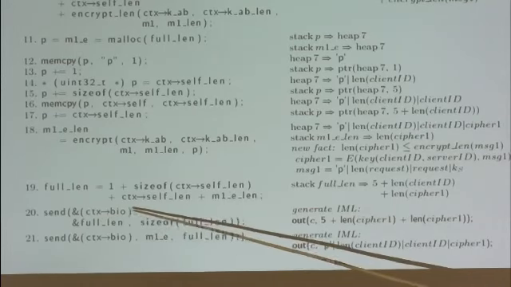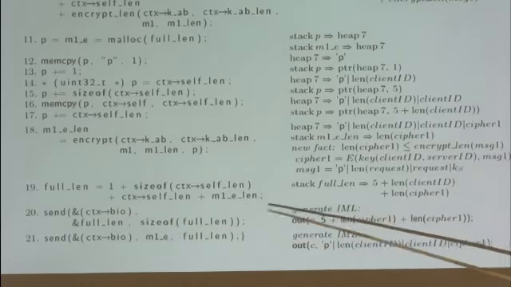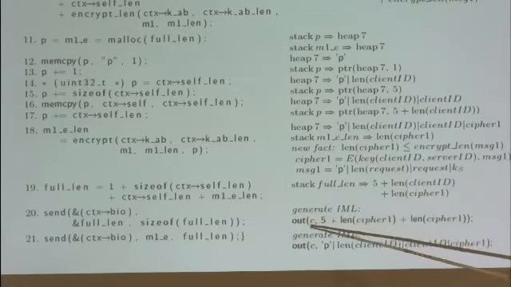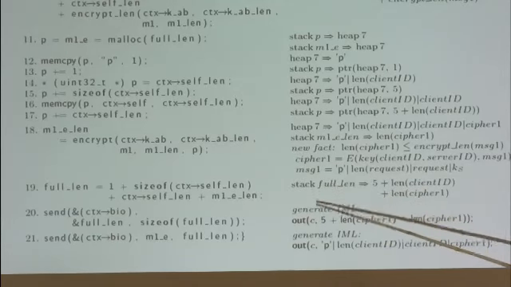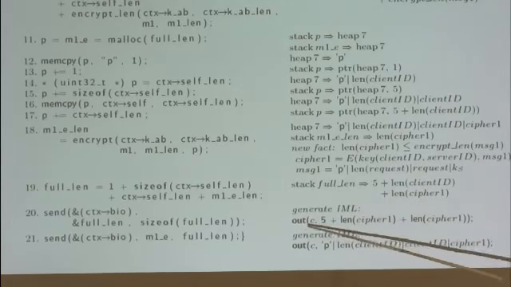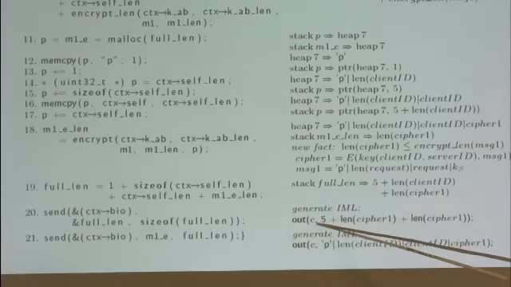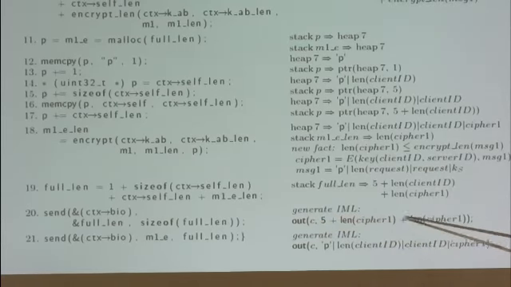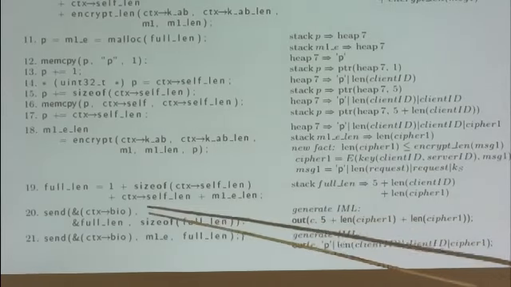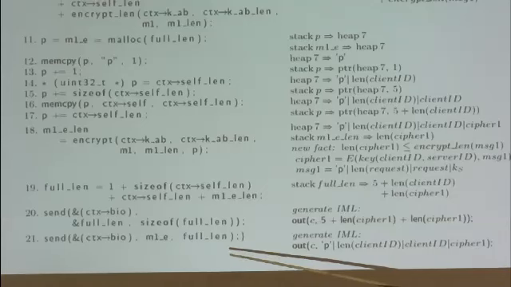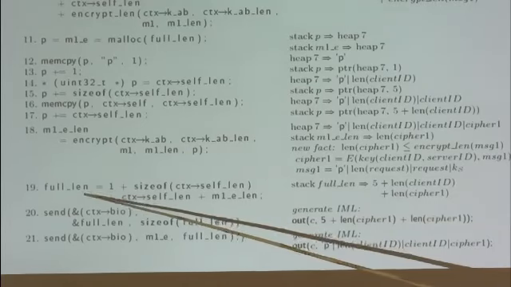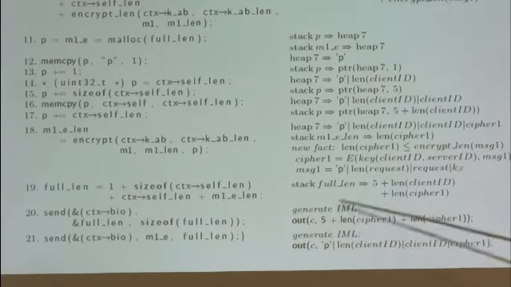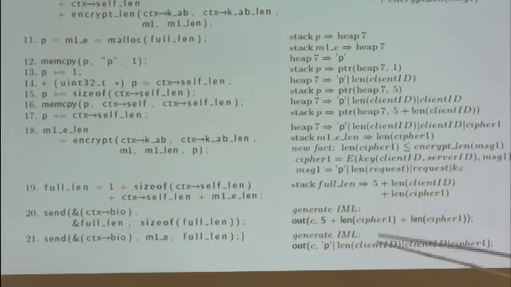But anyway, the first one is going to send the message. So we drop some process code that we're going to analyze eventually. That's an output on this public channel C that I've been speaking about, together with a symbolic expression representing the length, which is calculated by looking at the full len, right? So by the time you get to line 19, full len has got this symbolic expression. So that's the thing that you output.